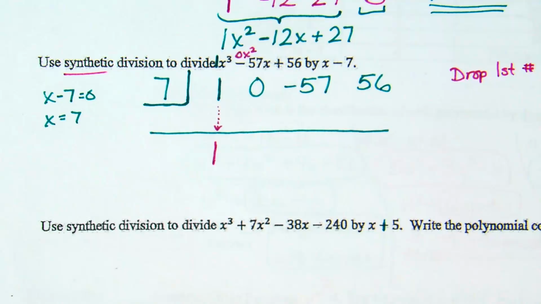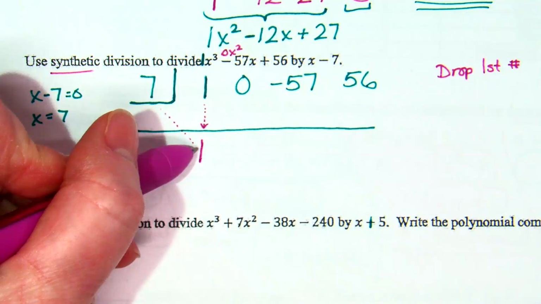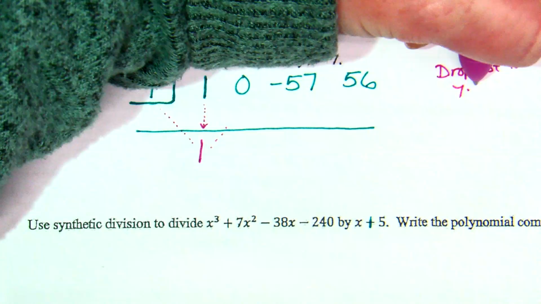So we drop the 1. Then I'm going to multiply, add, multiply, add, multiply, add. What do I start off multiplying? The 7 in the box times my 1 on the bottom. 7 times 1 is 7.